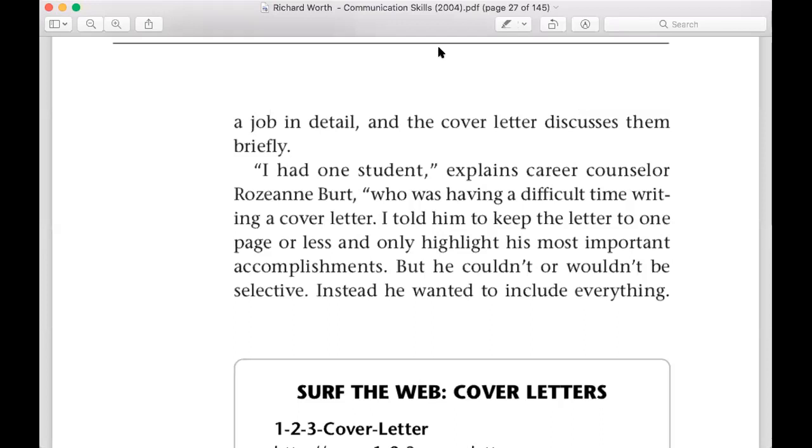People, you must have understood what we are talking about, those who have just joined. We are talking about how to be concise, to the point, and short in our communication. And for that, we are reading about the cover letter. Cover letter is equivalent to a job application. And there is a story of an unsuccessful student who wasn't able to get a job, and the career counselor tells us the reason.